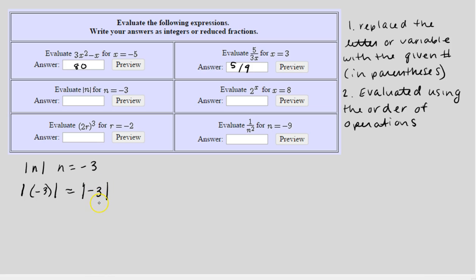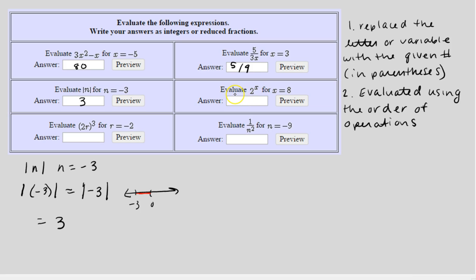Well, absolute value means what is the positive distance of the number from 0? Well, here's 0, here's -3. Notice the distance is 3. So our final answer for this one would be 3.